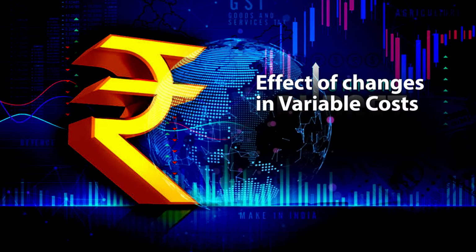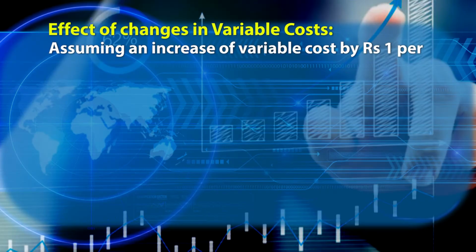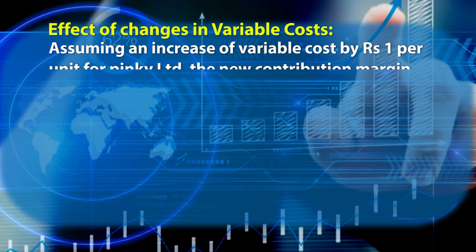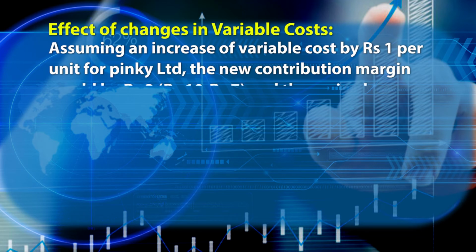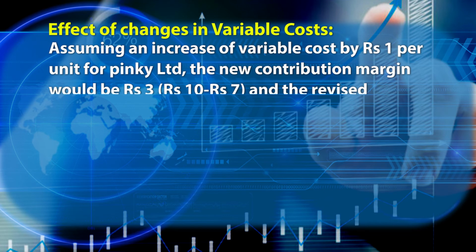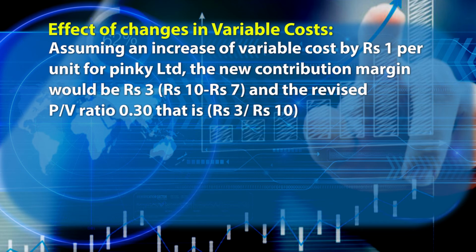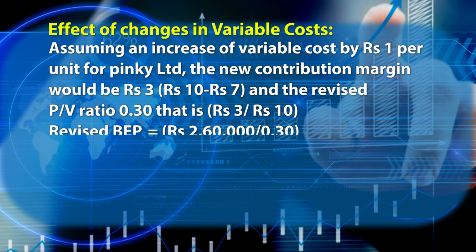Effect of changes in variable cost. Assuming an increase of variable cost by rupees 1 per unit for Pinky Limited, the new contribution margin would be rupees 3, that is rupees 10 minus rupees 7, and the revised PV ratio will be equal to 0.30, that is rupees 3 divided by rupees 10.